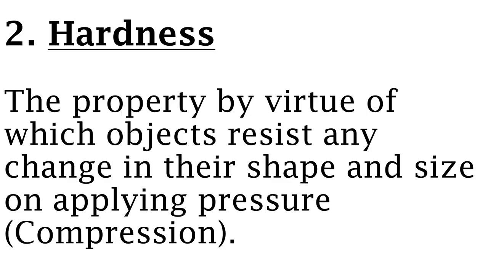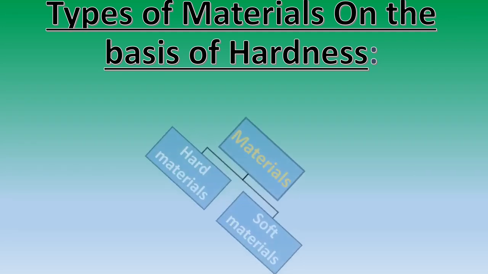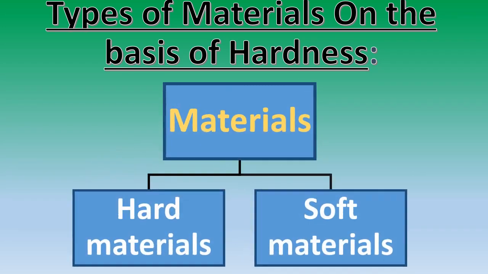Dear students, anything which can be compressed and which cannot be compressed is determined on the basis of the property hardness. We have broadly divided the objects on the basis of hardness into two categories: hard materials and soft materials.